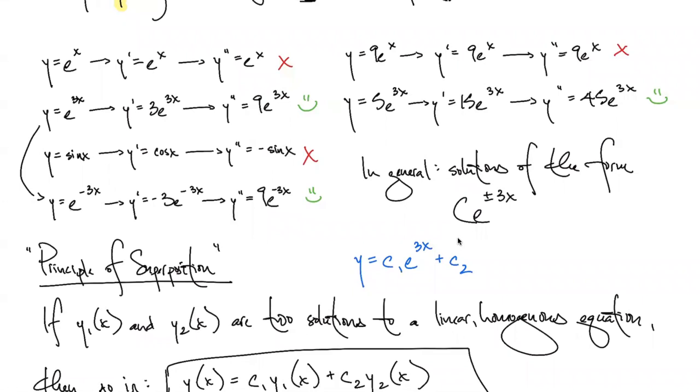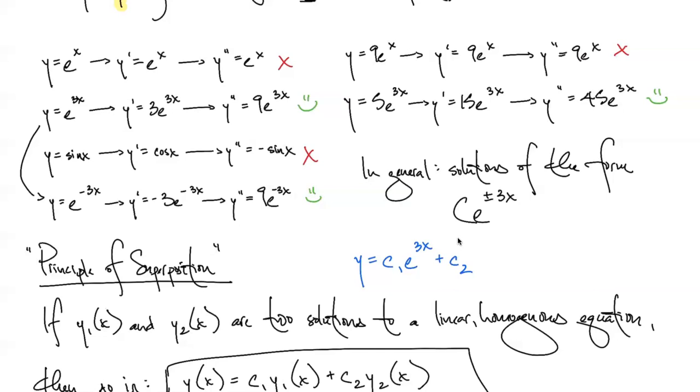We said that c e to the plus or minus 3x is the form of all the solutions. If we have e to the 3x as one of the solutions, what do we think the other one would be? Yeah, e to the negative 3x.